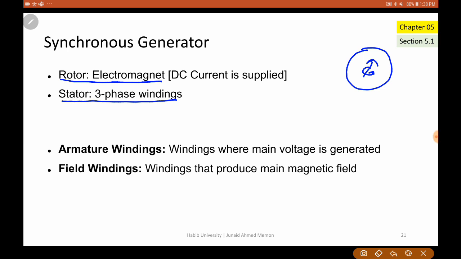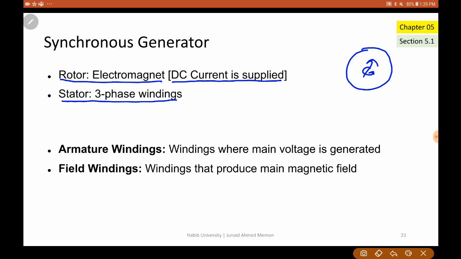We also said we can do that by supplying DC current to a coil, basically making an electromagnet which will generate the magnetic field, and some prime mover will rotate the rotor, giving a rotating magnetic field. So that was the basic construction.